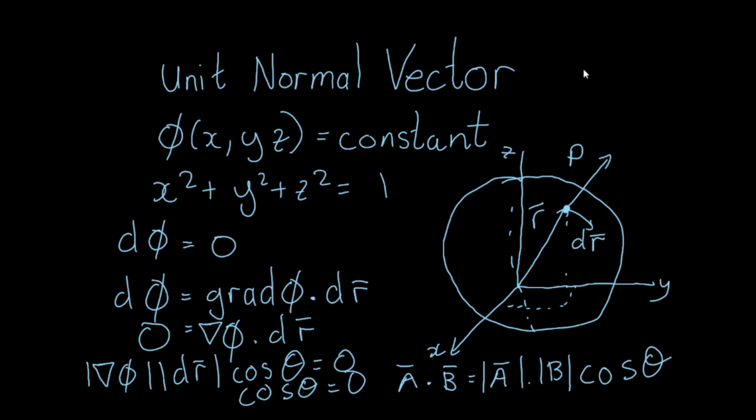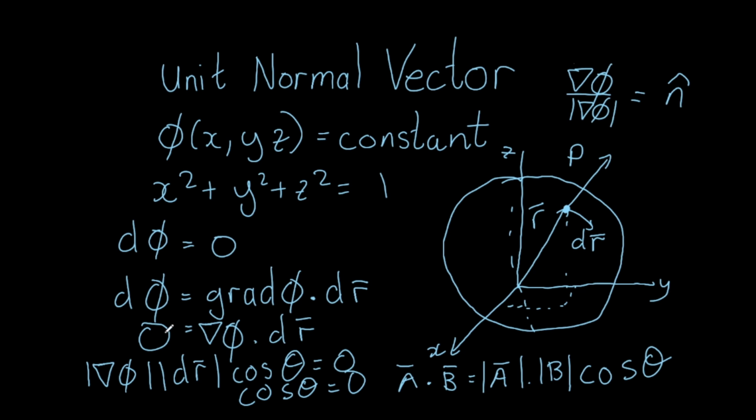The grad of the scalar function is a normal vector. If we wanted a unit normal vector, all we would have to do is divide this gradient vector by the magnitude of the gradient vector. And this is what the unit normal vector is. We can call it the normal vector with a hat on top.